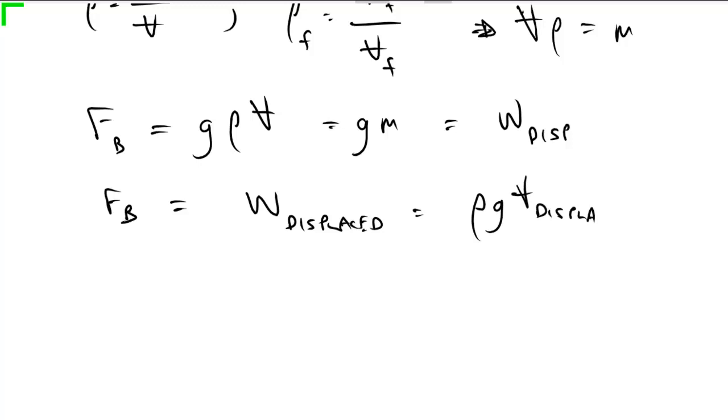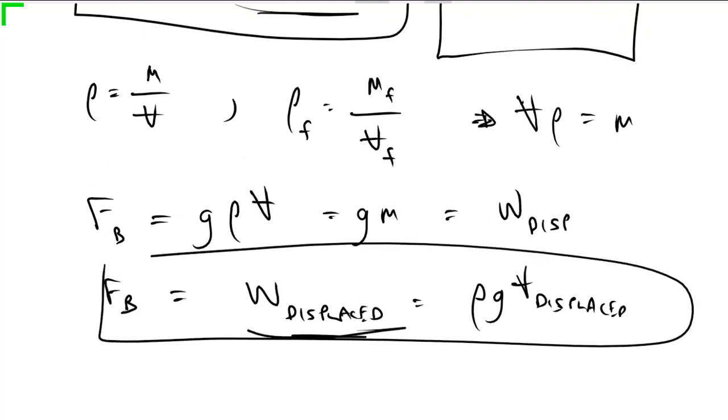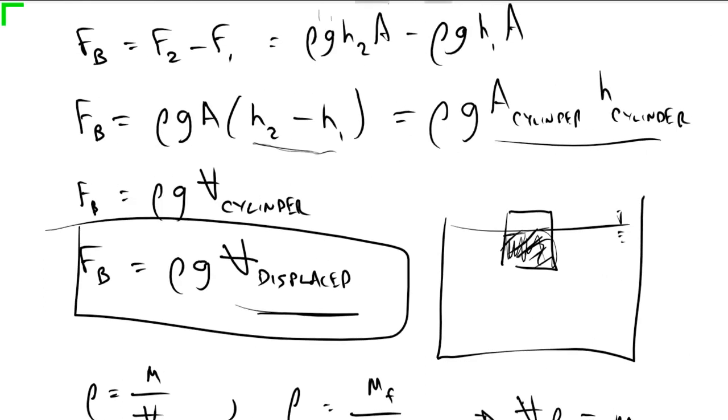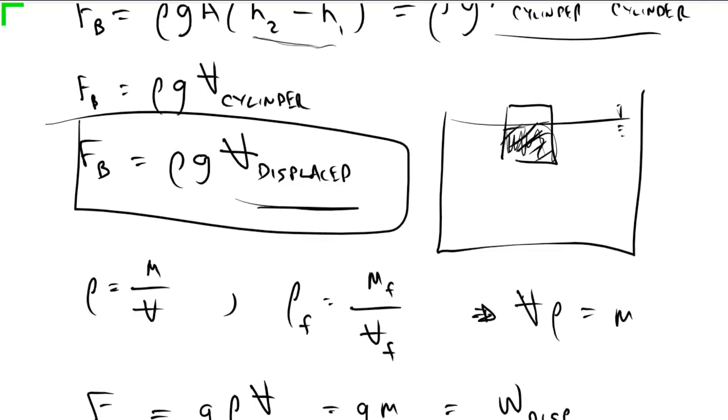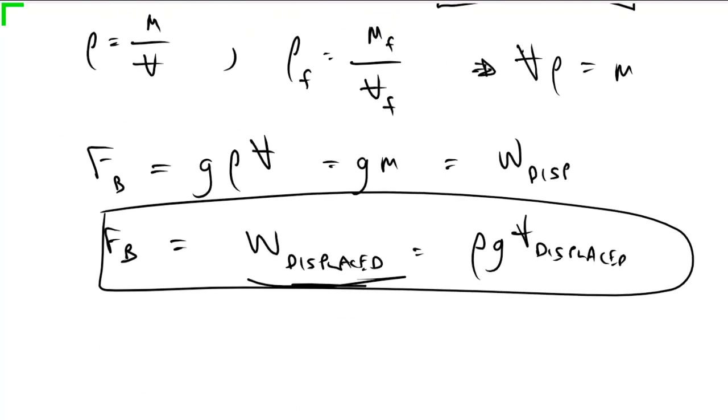Either way, whichever is more convenient here. The weight of the fluid displaced might help to remember. If you remember it with this one, it might help to remember that it's just how much is displaced. So something like this. Okay, that's Archimedes' principle. The net upward force is equal to the weight of the fluid which it displaces.